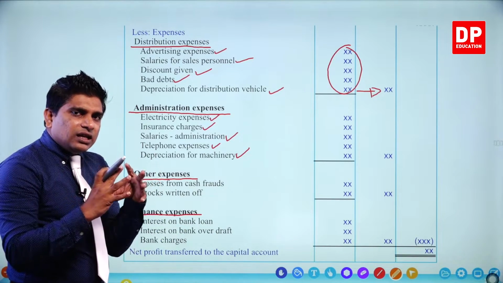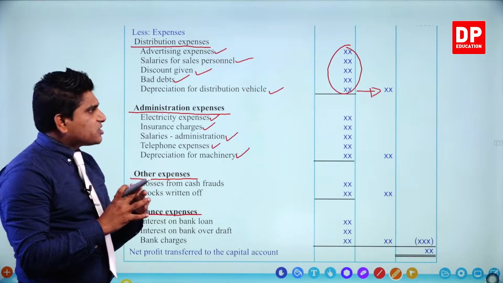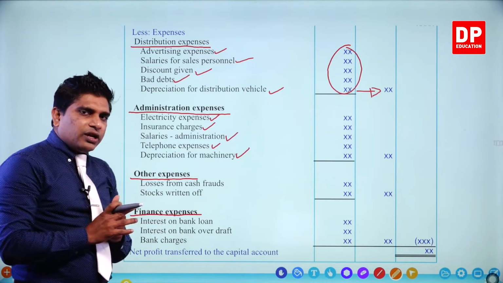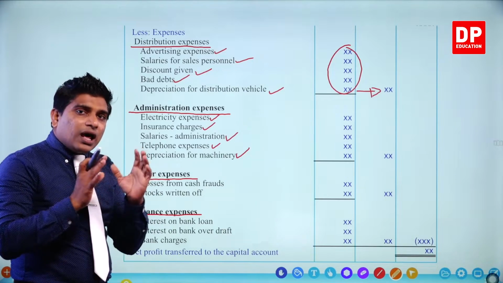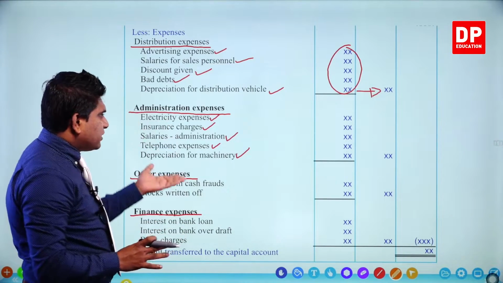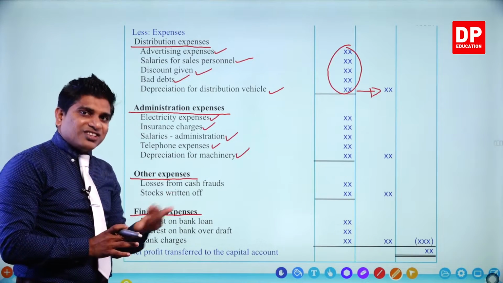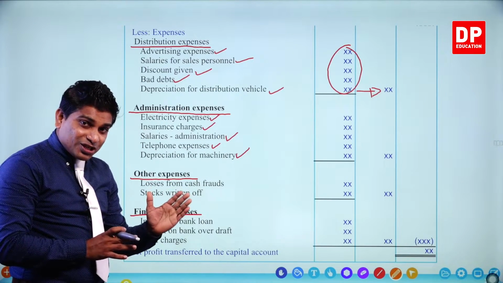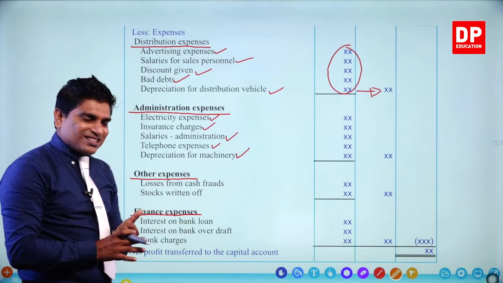Especially only the distributing vehicle depreciation comes under the distributing expense category. All other non-current assets depreciation we write under the administration expenses, not the distribution.